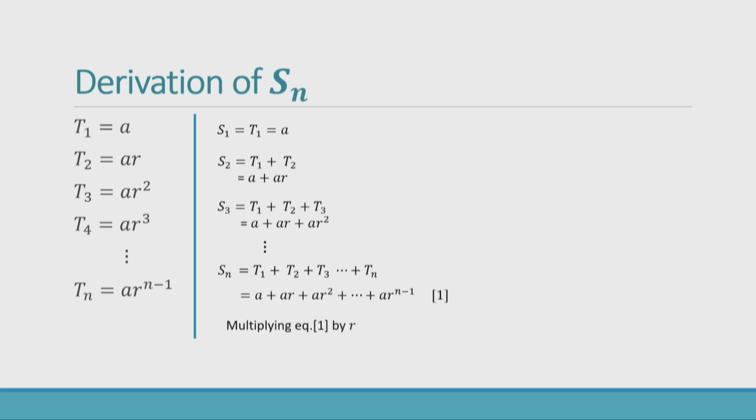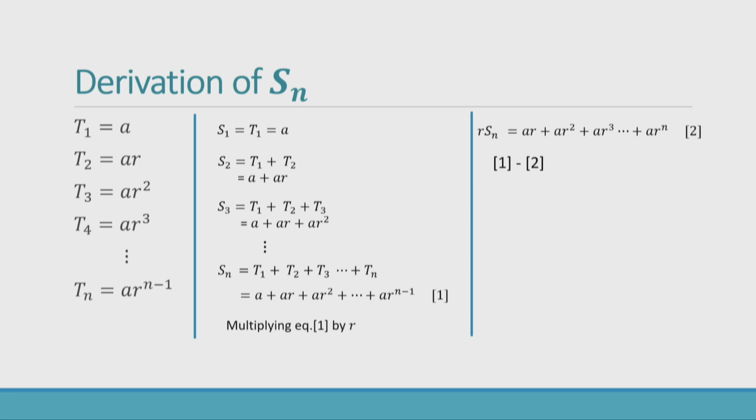Now, we multiply equation 1 by R. Since I multiply equation 1 by R, it means that each term will be multiplied by R. So we will get R Sn equal to AR plus AR square plus AR cube plus up to AR power n. And I call this equation 2.